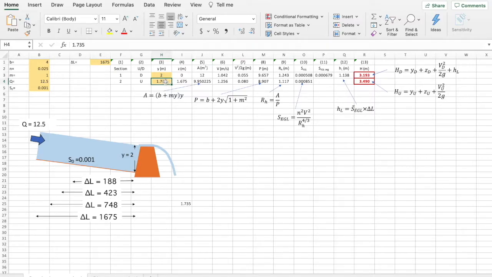After several tries, we can determine that the water depth should be 1.62045. Now we can see these two values are the same. So when delta L equals 1,675 meters, the water depth is approximately 1.620 meters.